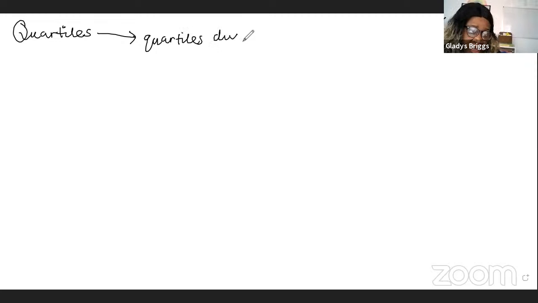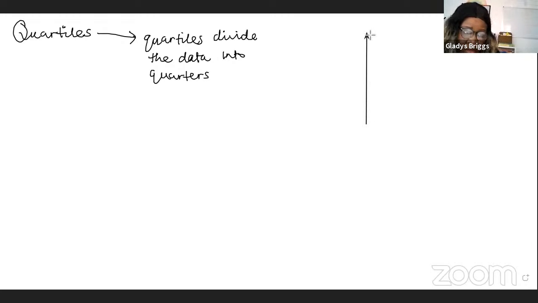Quartiles divide the data into quarters. Remember when we were drawing the graphs and you had the cumulative frequency, and you had the data on this side?